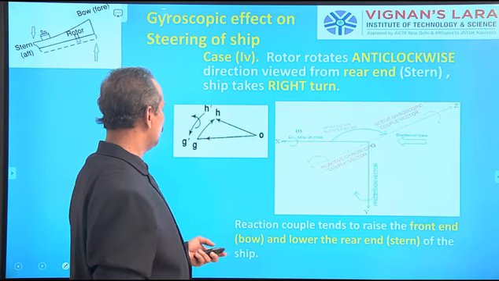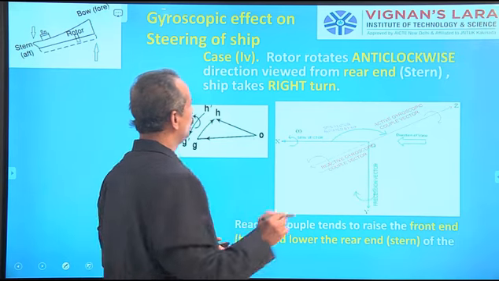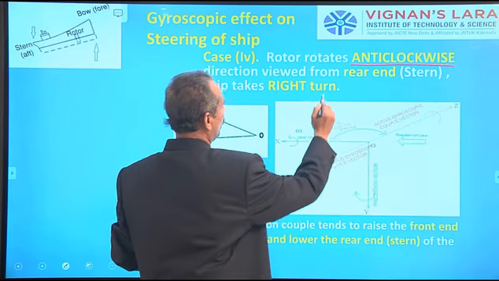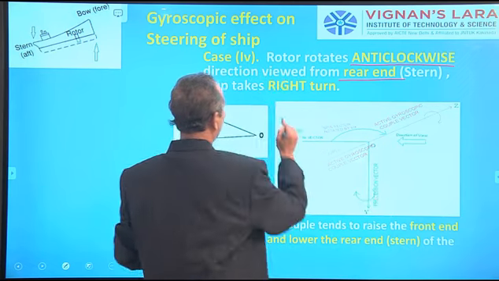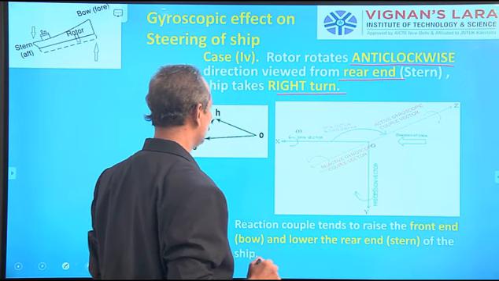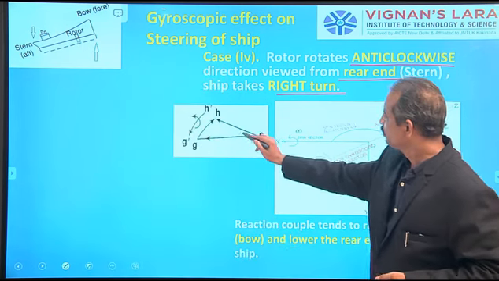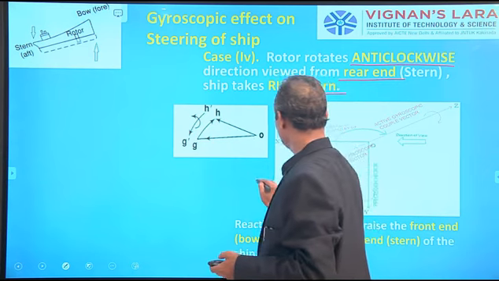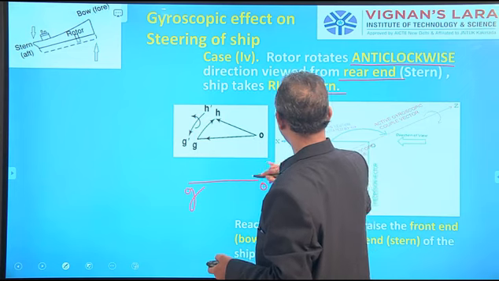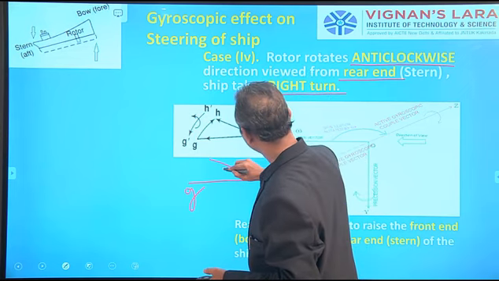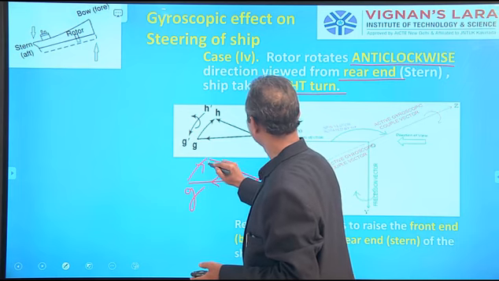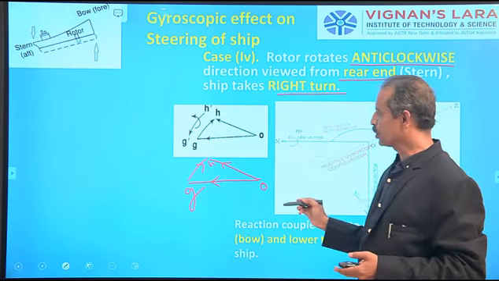So the last case, isn't it? That is the case 4. A rotor rotates anti-clockwise, look from the rear end, and it takes a right turn. Okay, I have applied same thing. You can see, initially spin vector, then you are taking right turn, then this will be applied force.